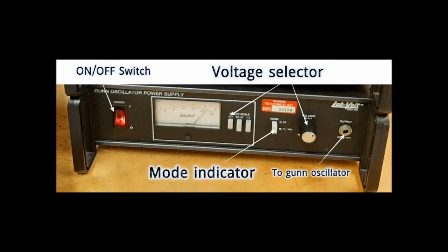This picture shows you the power supply unit for the GAN oscillator, and it consists of an on-off switch, a mode indicator, and voltage selector knobs, and range selector, and also the output that should be connected to the GAN oscillator.